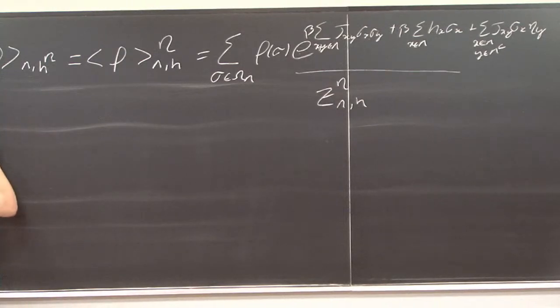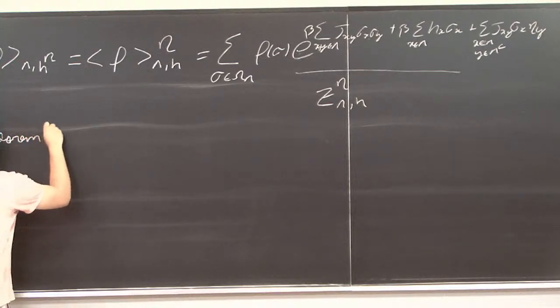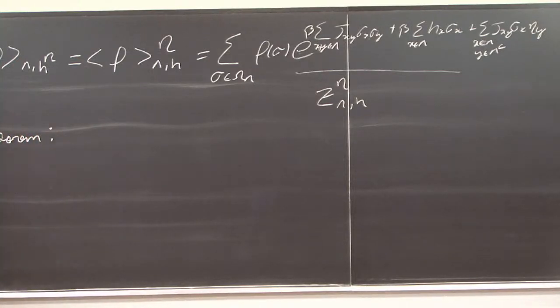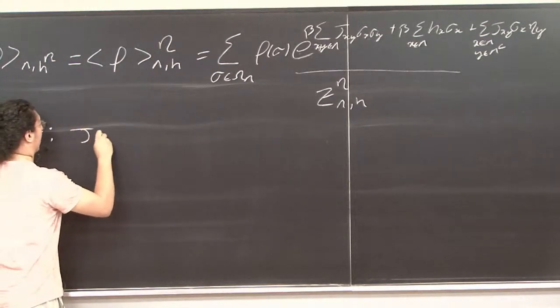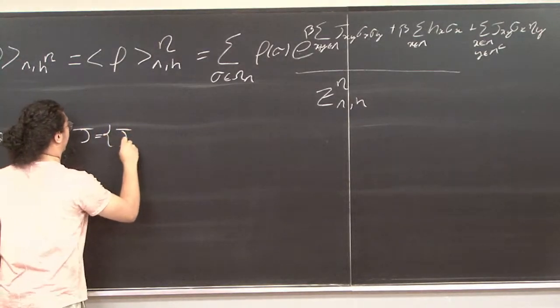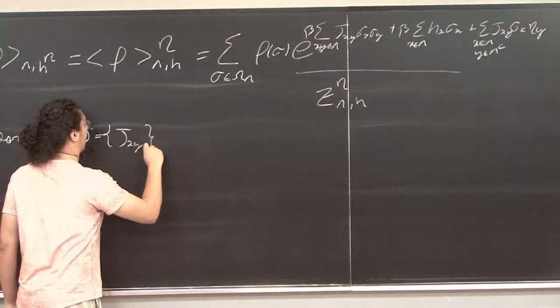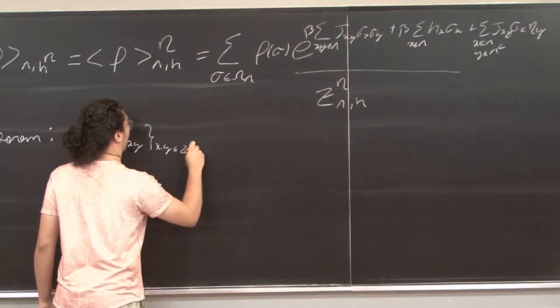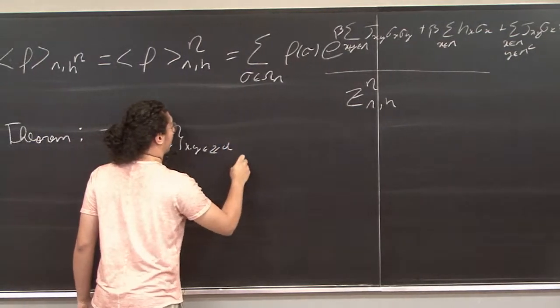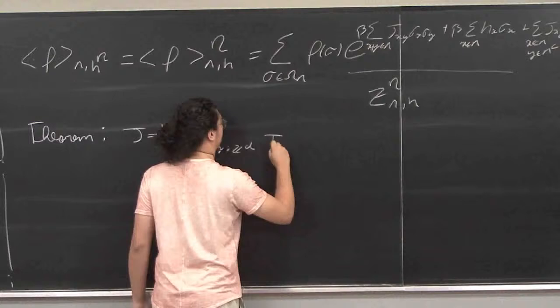So the theorem that you saw before is that you take J the interaction, J_{X,Y} with X and Y on Z^d, translation invariant.